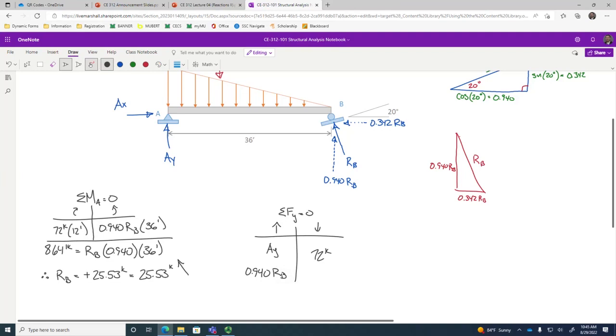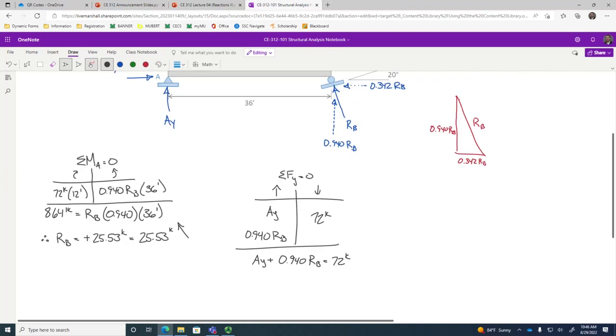Okay, that's the part that's going upward. So I'm going to say, AY plus 0.940 RB is 72 kips. And I'm going to plug and chug. And you should actually get some nice round figures on this.